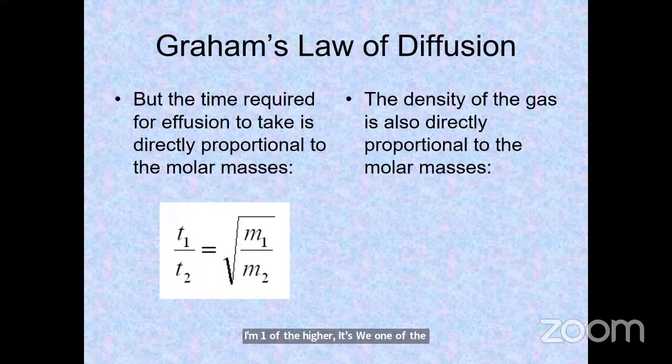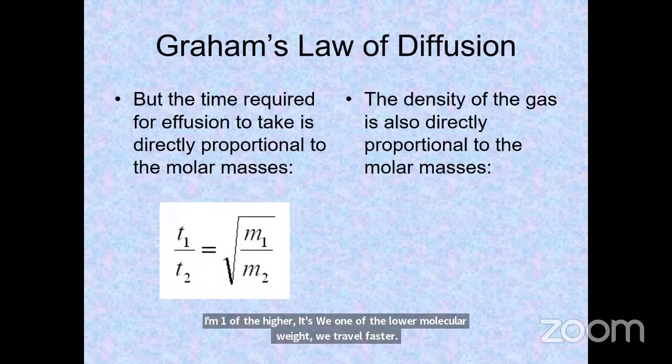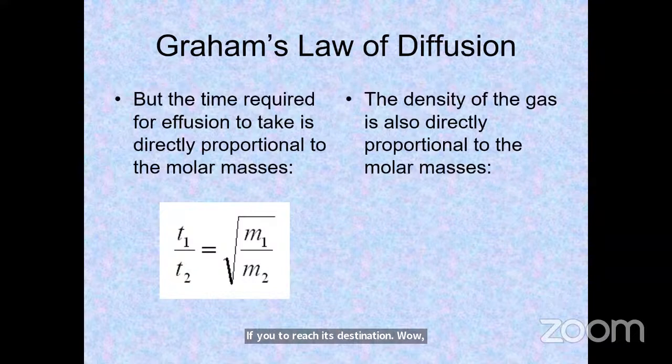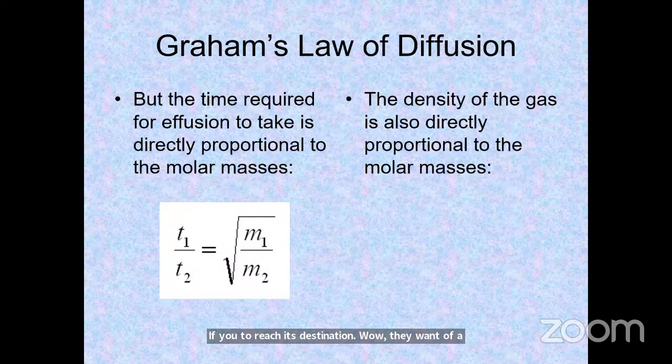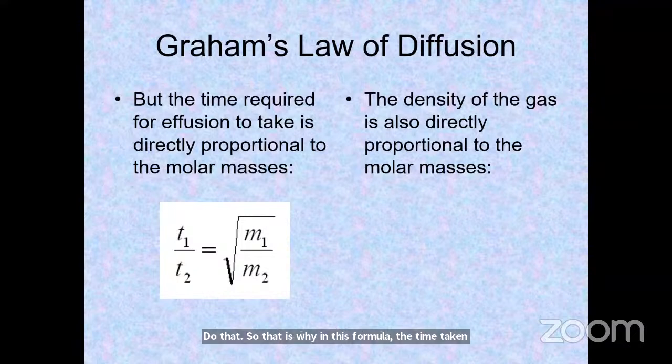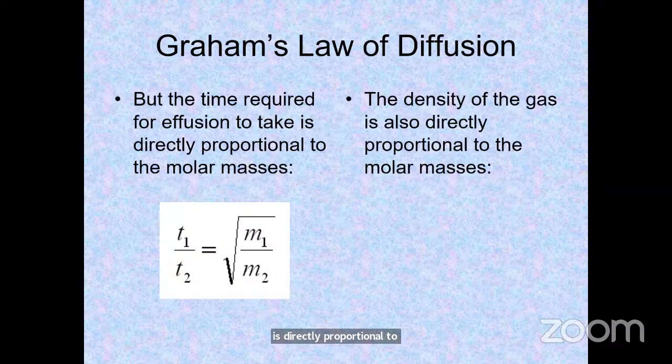It will take a shorter time to reach its destination, while the one of a higher molecular weight will take more time to diffuse. So that is why in this formula, the time taken is directly proportional to the masses. I hope we are getting it.